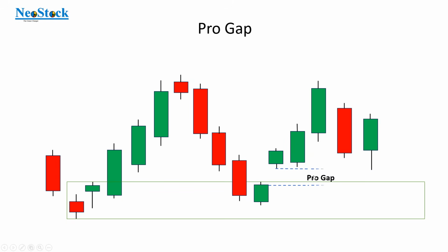Let me extend these lines. Whenever prices enter into this professional gap, the pending buy orders in it push the prices up. That means it is not easy to break this professional gap.